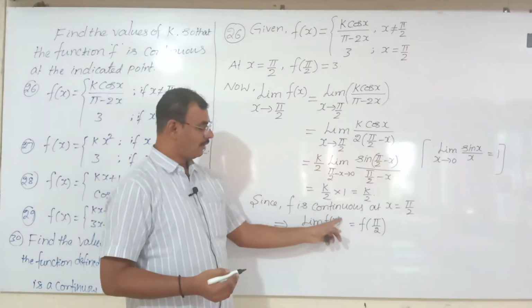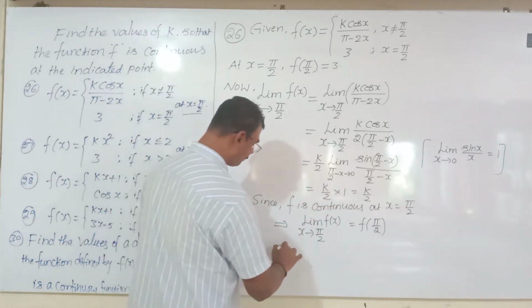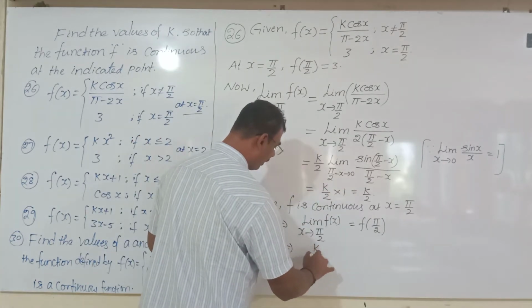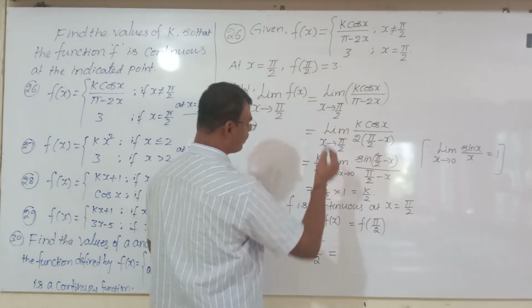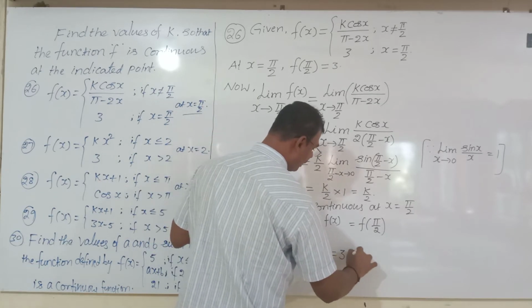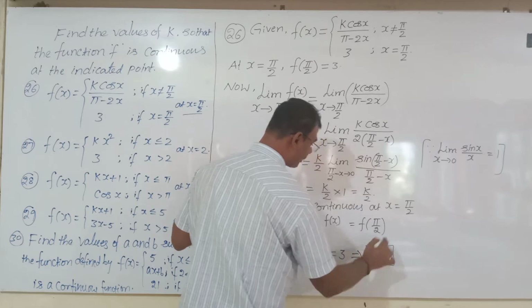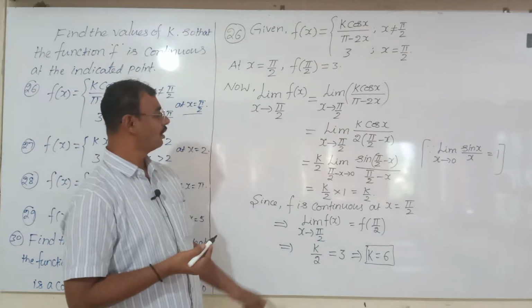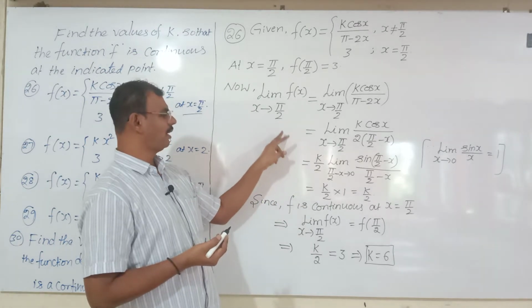What is the limit of f of x? We got k divided by 2. So equating, k divided by 2 is equal to f of pi by 2, which is given in the problem as 3. From this k is equal to 6. 2 times 3 is 6. So this is the value. So you can do questions like this. Very simple method this is.